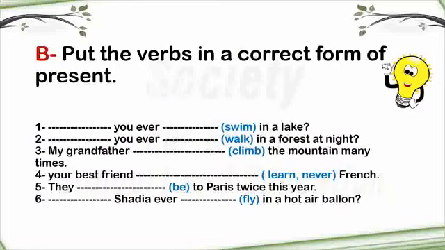You have to start with have, and you see ever. And I changed swim to verb 3, the past participle. What is the past participle of swim? It's swum in a lake. And you have to do the rest with others. Be careful. Not all these sentences are questions. Some are questions and some others are declarative sentences. So, be careful where to use never and ever. Okay? Please review the video again and good luck with your homework.